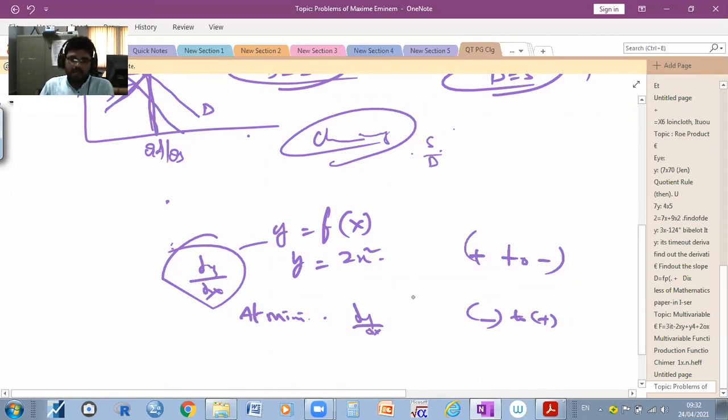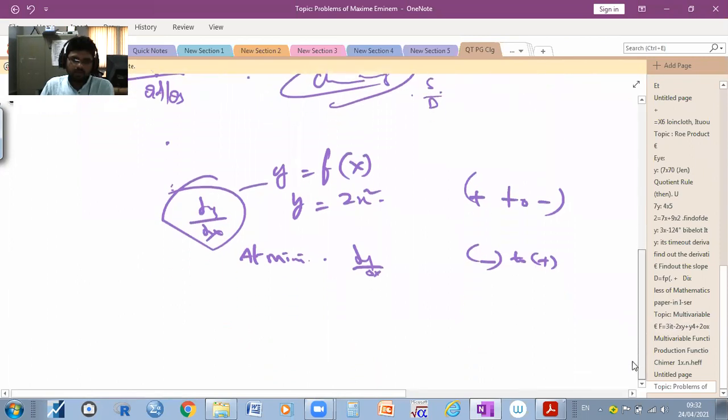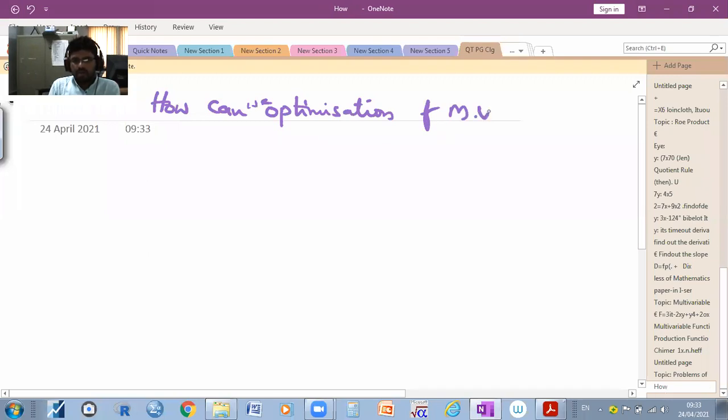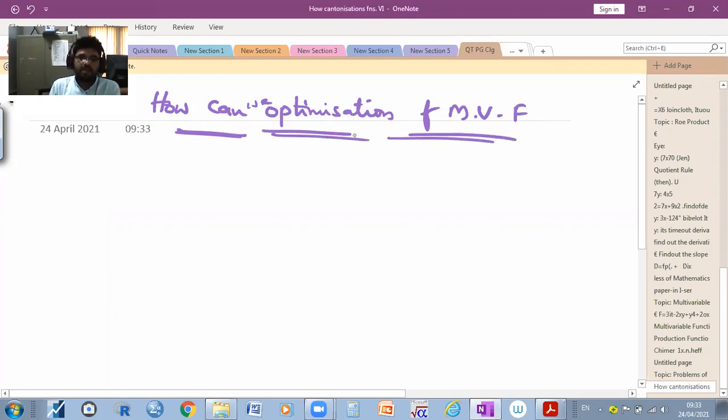Okay. So generally, when you take into account how we can optimize a multivariable function, how can we do optimization of a multivariable function?